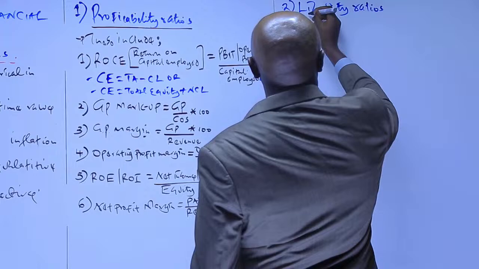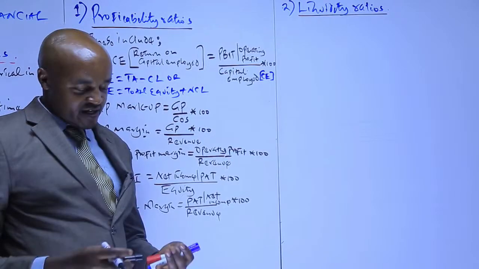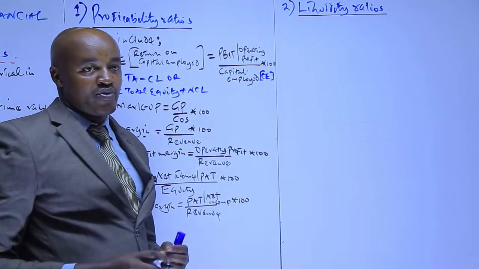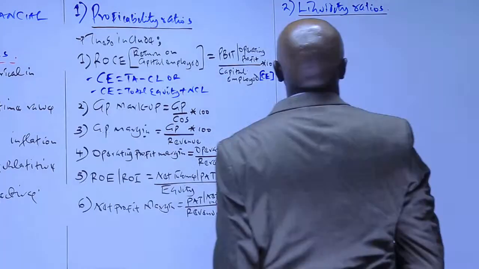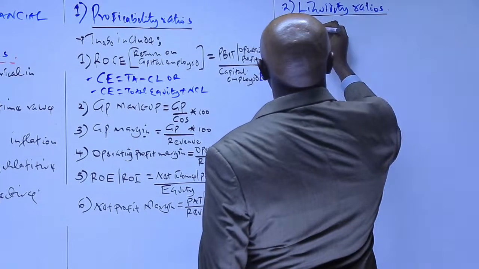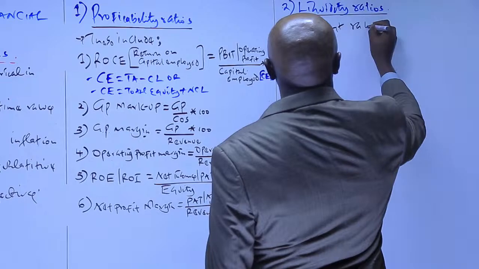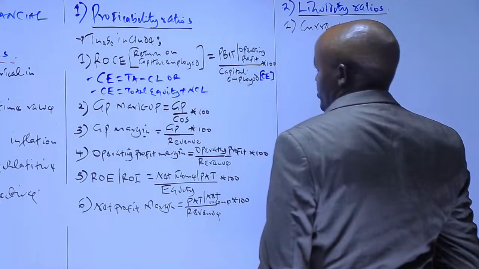So let's move and look at the other category of ratios. These are ratios which are computed to evaluate the ability of the company to meet the short-term financial obligations as and when they fall due. So majorly here we have three liquidity ratios. The first one is the current ratio, which is also very common in the questions in this paper.